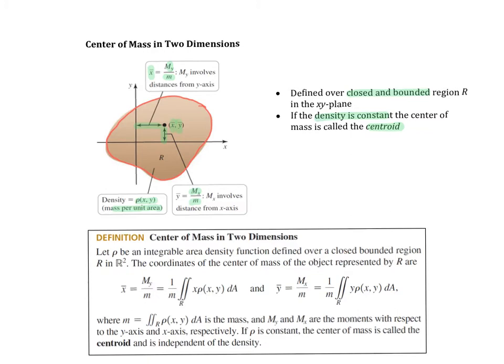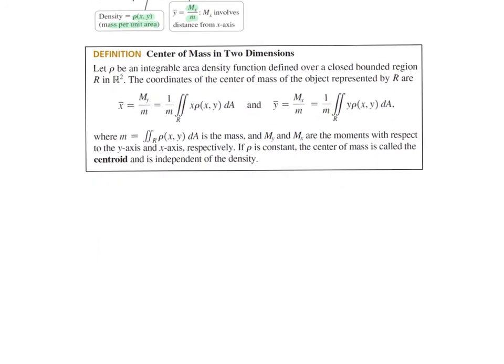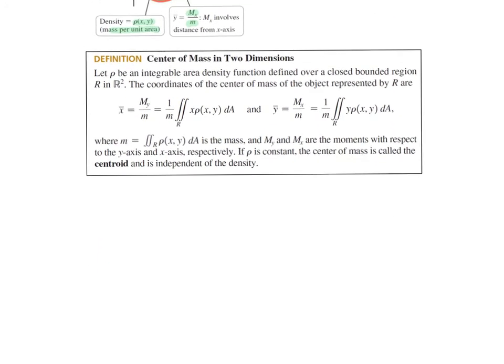So typically we usually just use 1, because remember, when you find the center of mass, you're looking at total moment over total mass. So if the density function is constant, whatever number you put in for the density function will cancel out in the fraction.